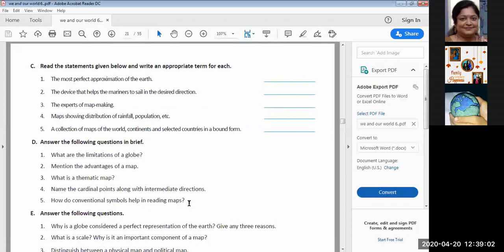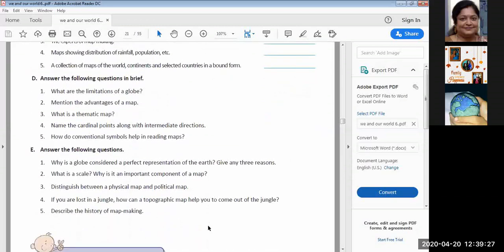Ojas has written the answer. So many children writing the answer. Very good, beta. Mansvi has also written the answer. Yes, see, the answer should be correct, in your own words and simple language. Very good. Correct. But this child's name I'm not getting. Vivo mobile he is using, 1726. Correct? His name is not coming here.